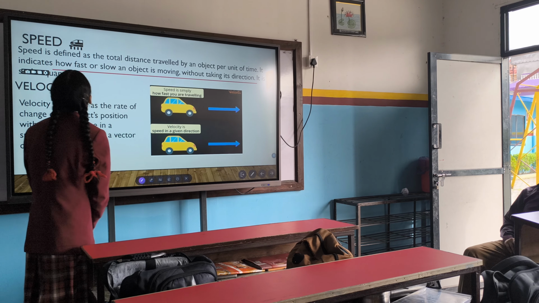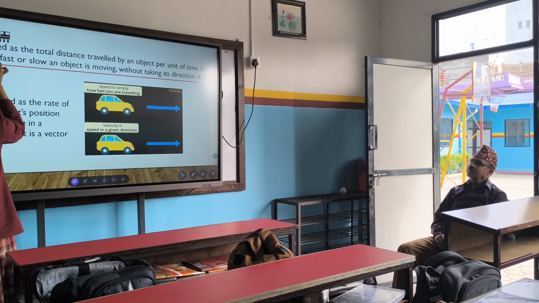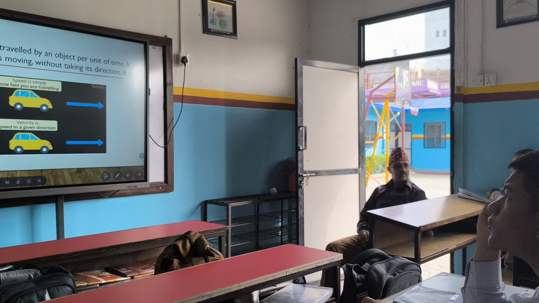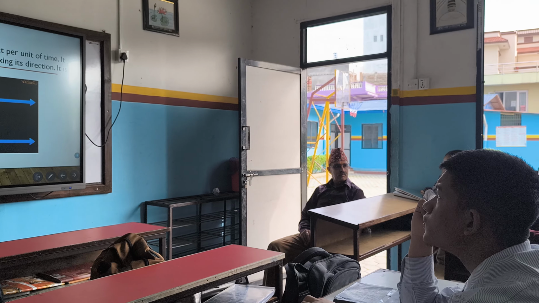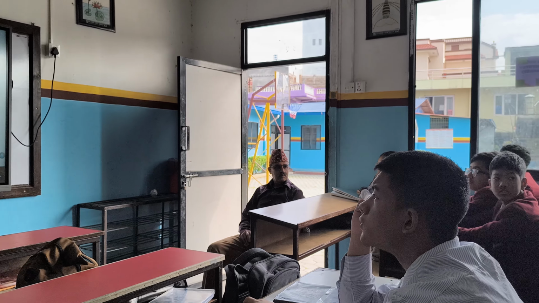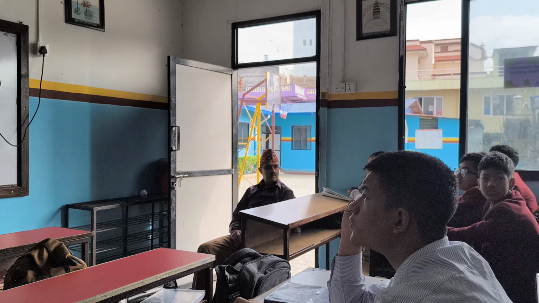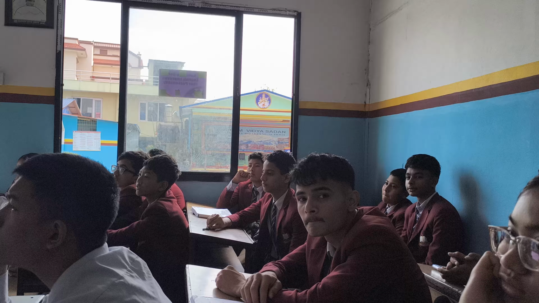So here is speed. Speed is defined as the total distance traveled by an object per unit time. It indicates how fast or slow an object is moving without taking its direction. It is a scalar quantity. Velocity.